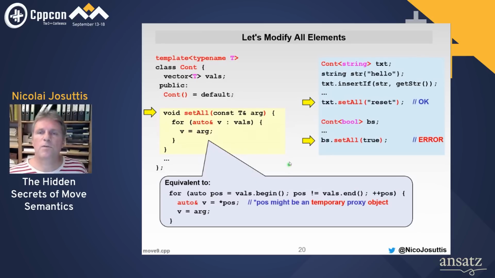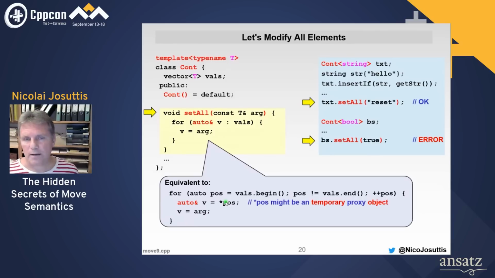However, there's a problem with vector<bool>. If our container uses Boolean values, vector<bool> internally has a wrapper around the bits, around the Boolean values in the vector. In a vector of bools, the elements are just bits. So the objects are just objects that wrap a bit in a byte or in multiple bytes.